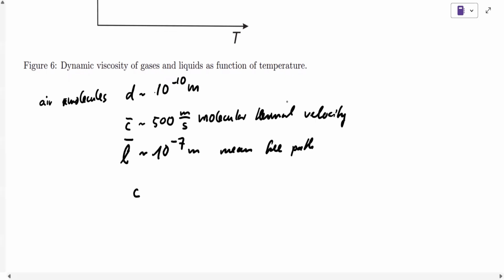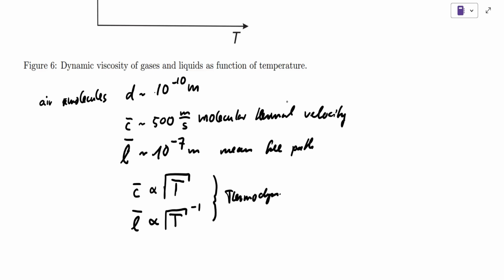And from thermodynamics, of course, we know that as a result of Brownian motion, the thermal velocity is proportional to the root of temperature, and the mean free path is proportional to the root of temperature to the power of -1. So what will happen if we increase the temperature for gases, to the molecules?